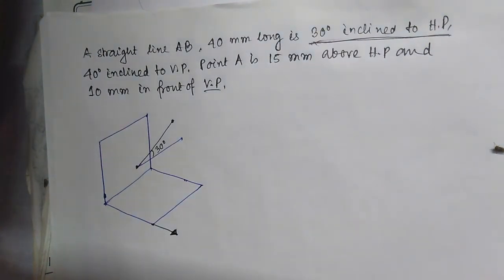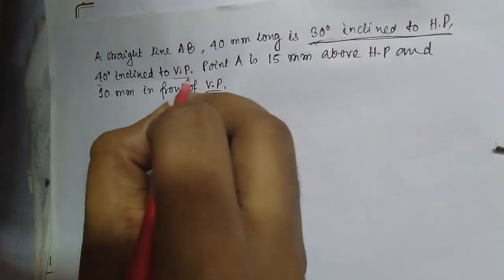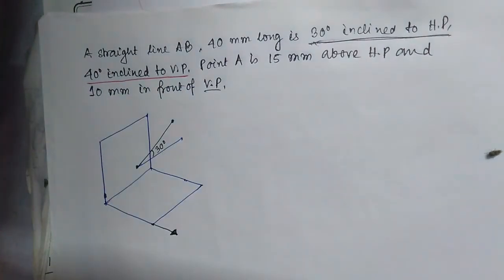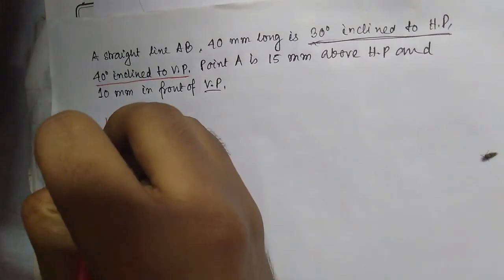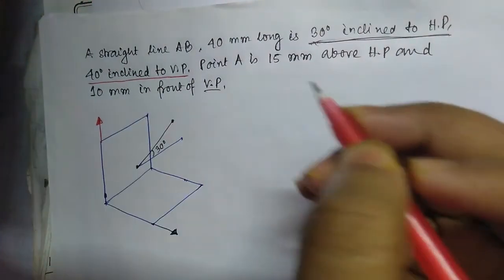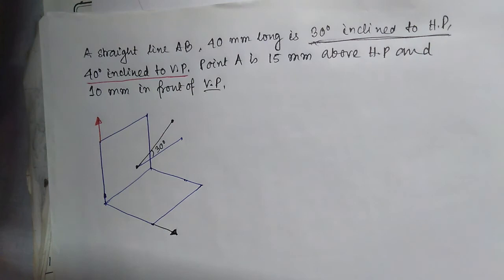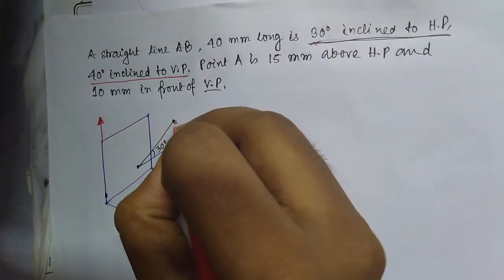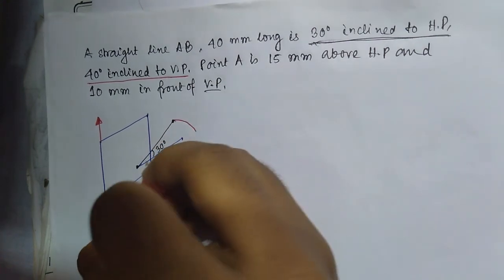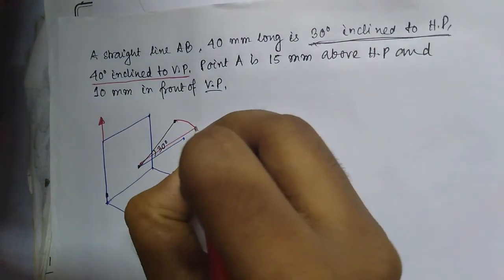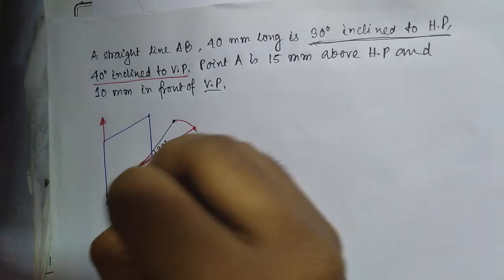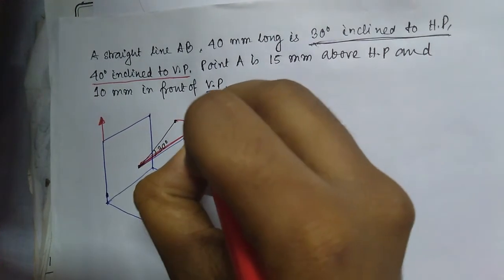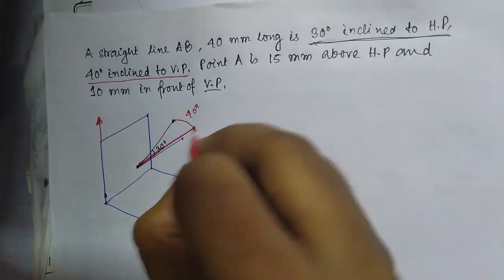Next, we need to rotate it by 40 degree with respect to vertical plane. If you want to rotate it with respect to vertical plane, then axis of rotation will be this one. So again rotate it by 40 degree, so this is the new position.